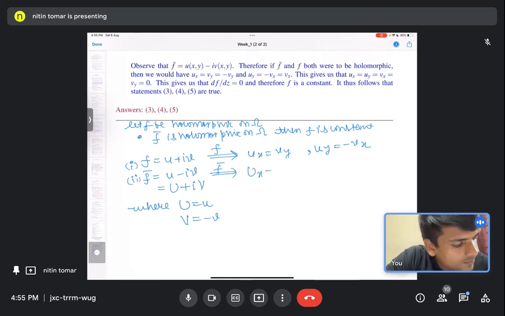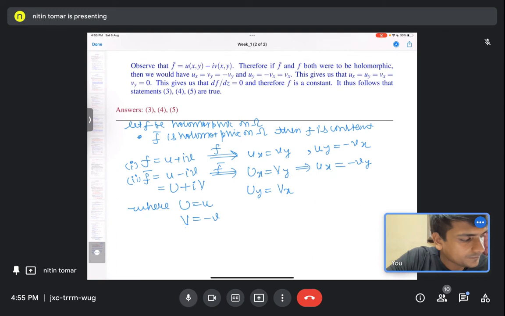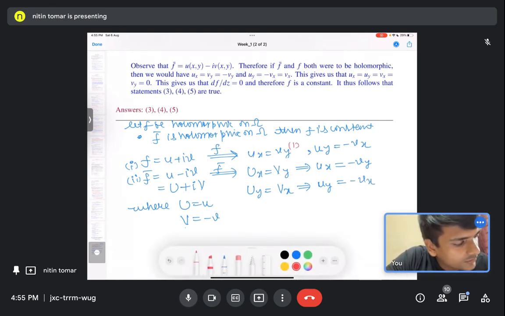So capital Ux by Cauchy-Riemann equation will be capital Vy, and capital Uy will be minus capital Vx. But capital U is the same as small u, and capital V differs by a minus sign, so capital Vy will be minus vy, and capital Vx will be minus vx. So we have four equations, 1, 2, 3, 4.